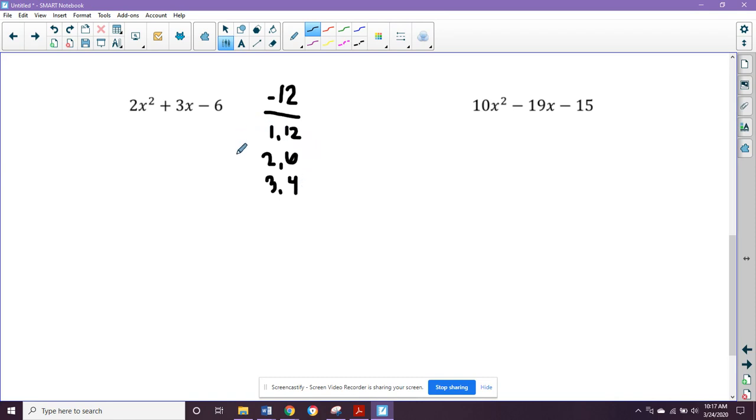So what combination can you add or subtract to get 3? Let's think about this. 1 and 12, there's no way. 2 and 6, again, there's no way. 3 and 4, no combination. So since there's no combination of any way to get that middle term, this problem is prime.